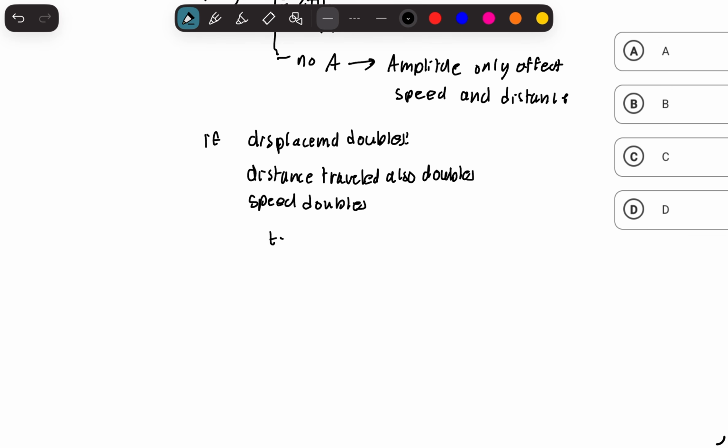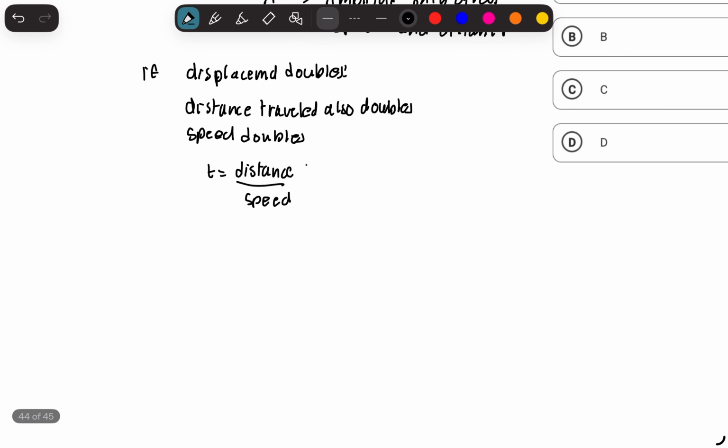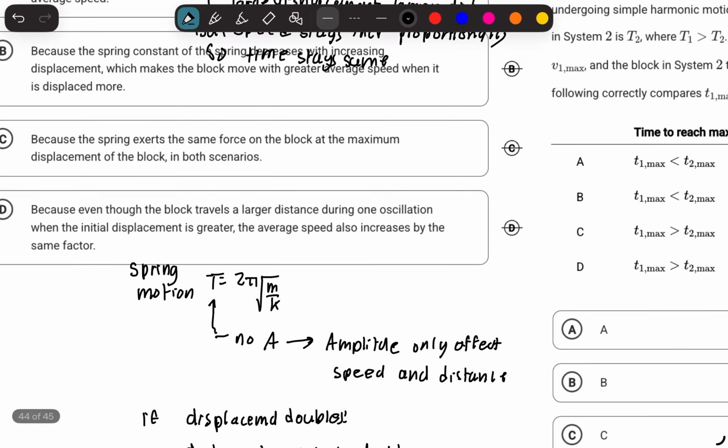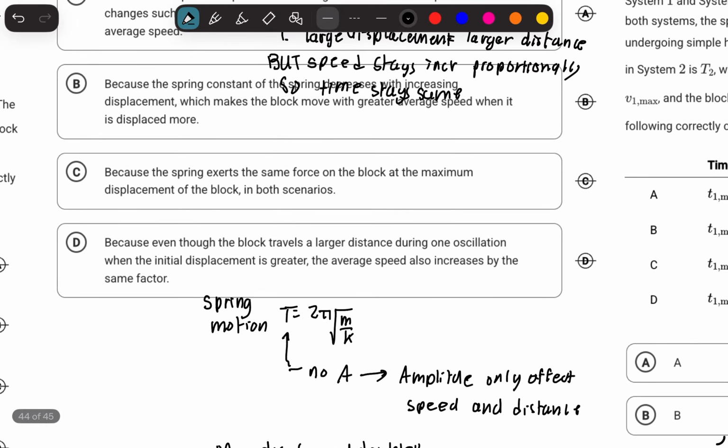So you know that T is equal to your distance over your speed, and that remains the same. So let's look at our options. Even though the block travels a larger distance during one oscillation, when the initial displacement is greater, the average speed also increases by the same factor. So that's going to be option D for this question.